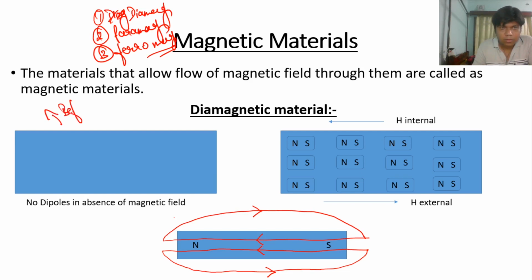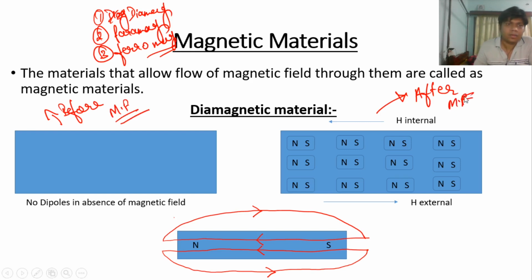This is the before, and this is the after applying the external magnetic field. When we are not applying any external magnetic field, there are no dipoles aligned through them.